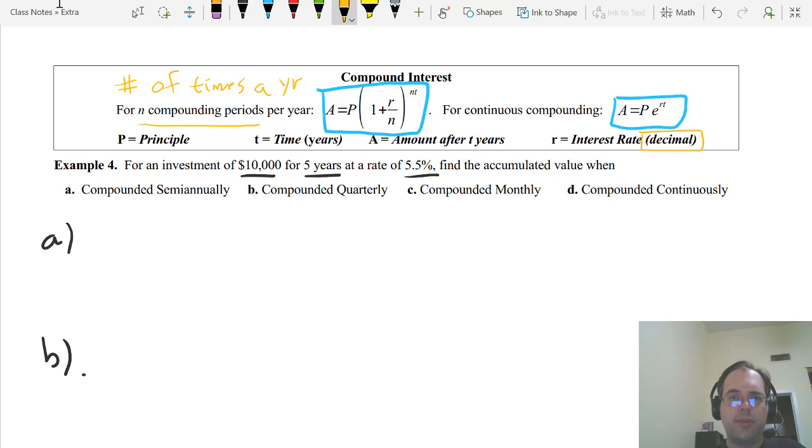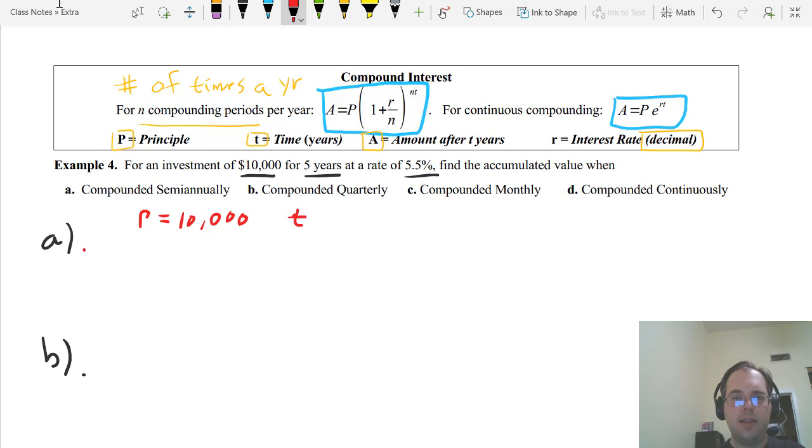The t variable in the formula is the number of years. A is the amount you have after so many years, and P is the amount that's originally invested, which is called the principal. So for the first one, P is $10,000.